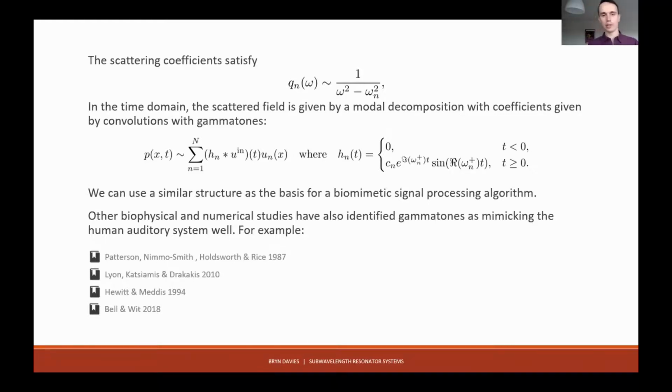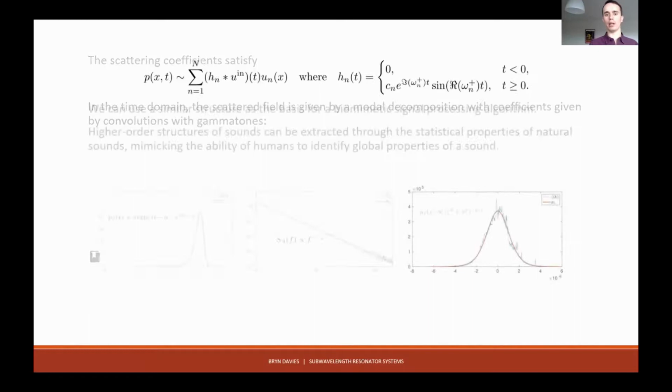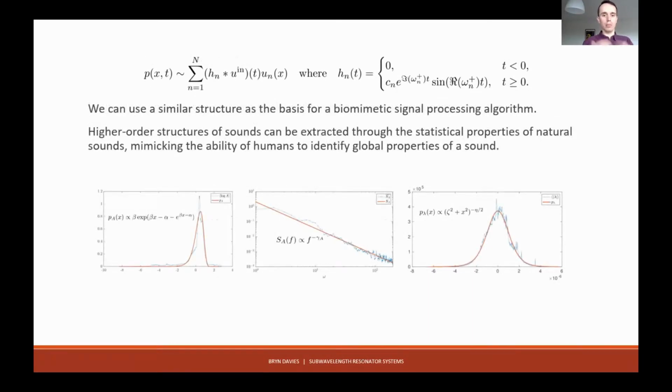So that's nice, and then we've gone a step further with this principle of biomimicry at the front of our minds, trying to mimic how the biological system does it. We've also built on this further by trying to mimic the ability of humans to identify long-range global properties and structures in a sound.